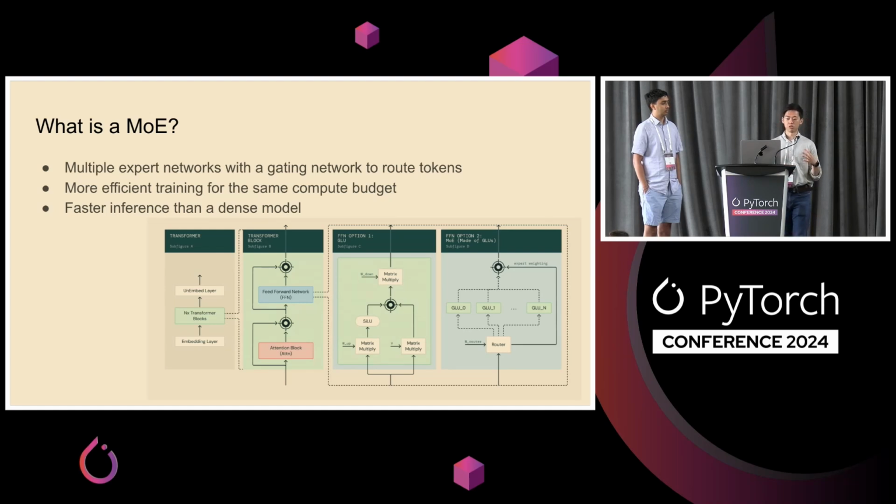There are different design choices that come with MoEs too, like how many experts you should have, or how many experts you should route a token to, known as top K. These are design considerations you need to take into account when balancing training and inference trade-offs.